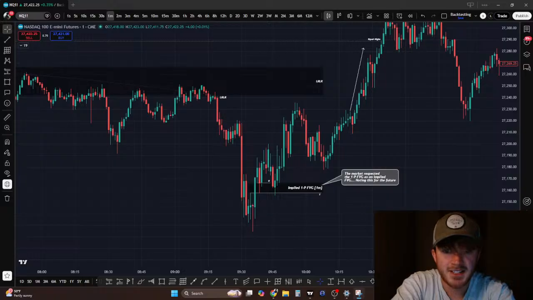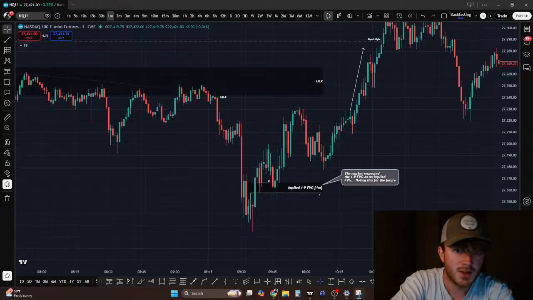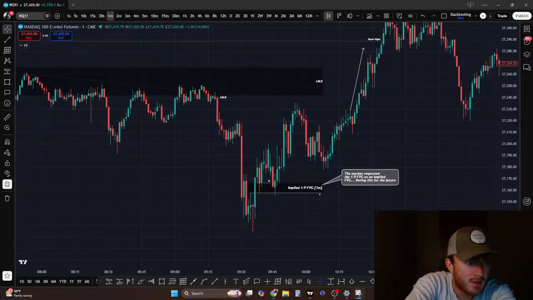Okay, interesting lesson here. The market respected the first presented FVG as an implied gap. Interesting to note and know for the future.